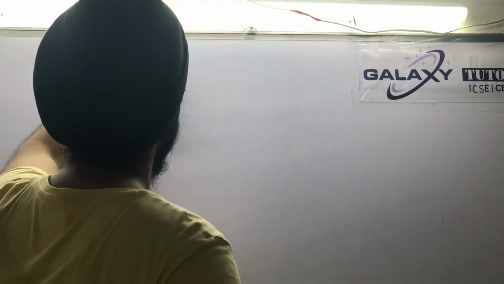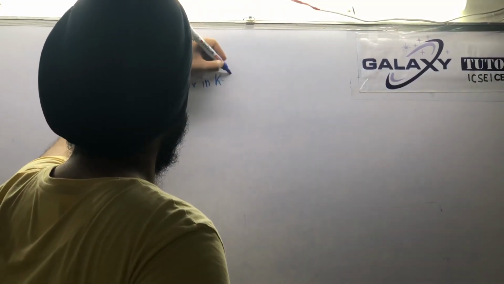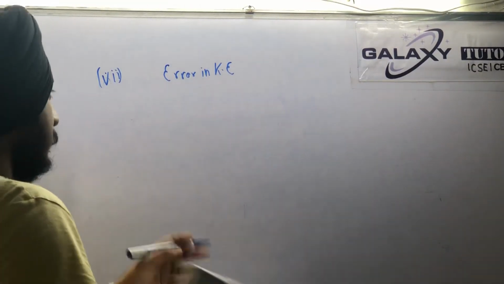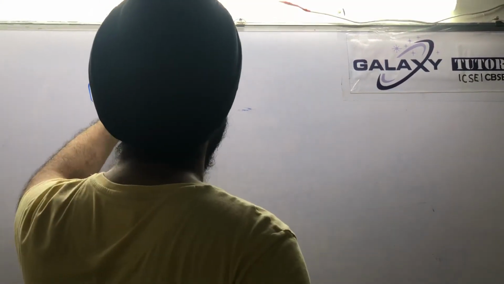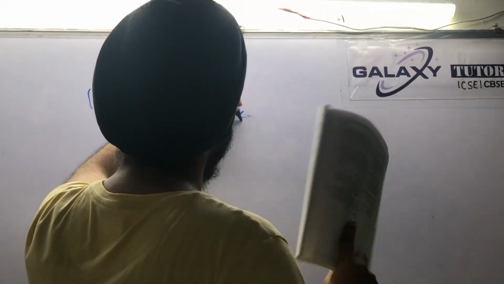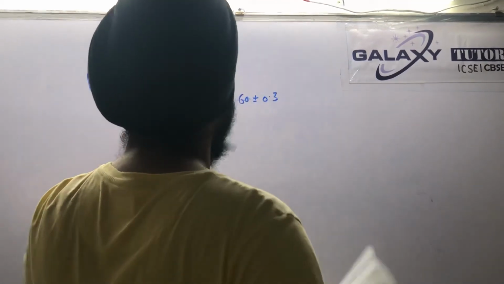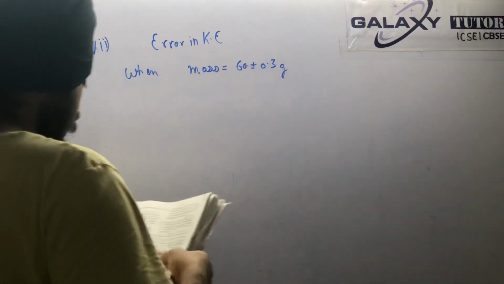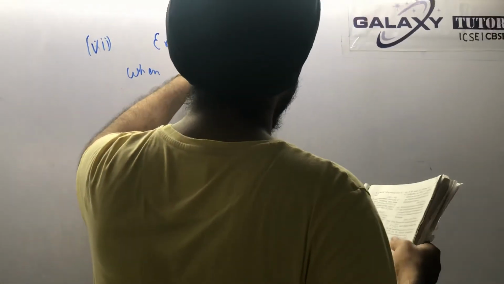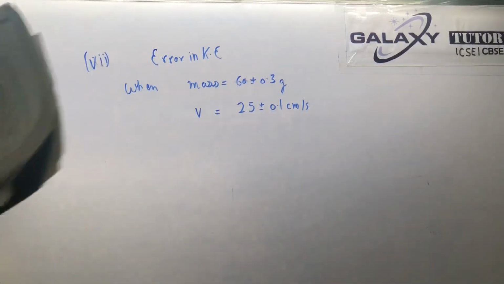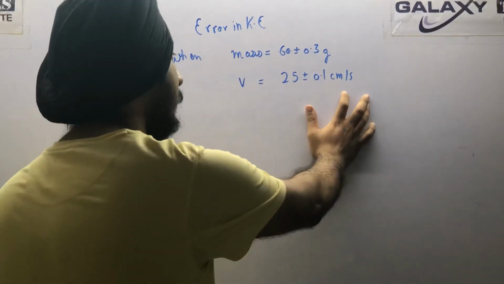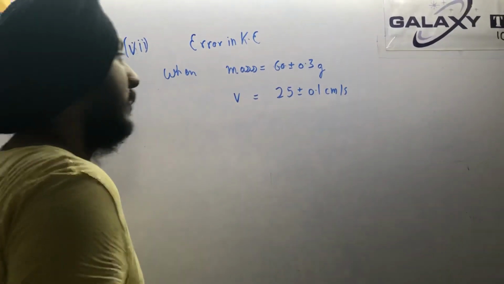Next question. Okay, so what they have given is there is a body that is moving at a speed of 25 into 10 plus minus 0.1 centimeter per second and has a mass of 60 plus minus 0.3 grams.